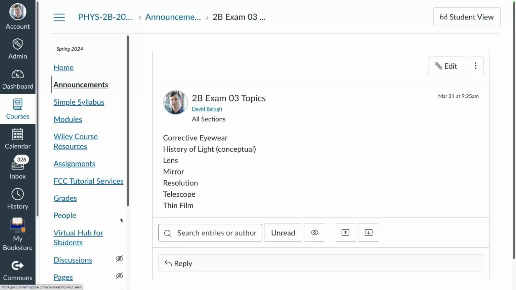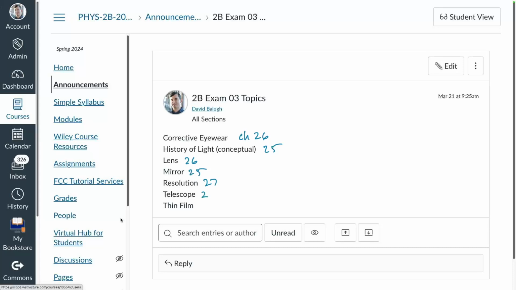Corrective eyewear, chapter 26, right? No. I don't even know the numbers of this. Is this 26? History of light was 25. Lenses was 26. Mirrors was 25. Resolutions, are we in 20? We just finished 27, right?